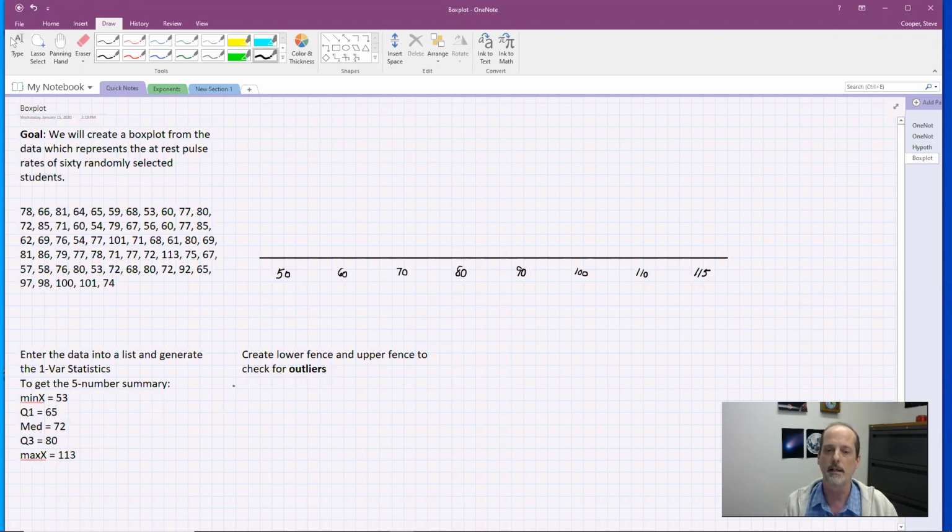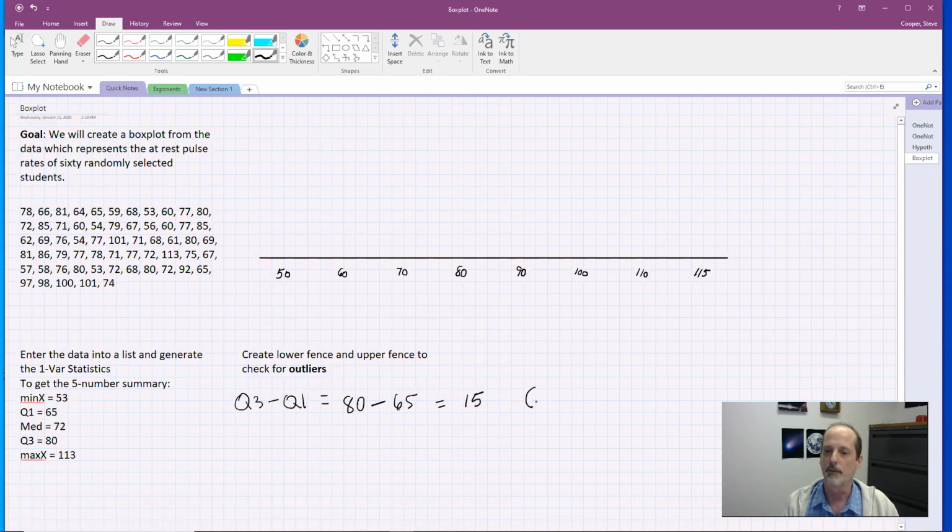And remember, the way you calculate the lower fence and the upper fence requires that we take Q3 minus Q1. So that's going to be 80 minus 65, or 15.